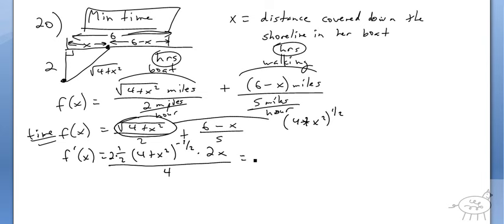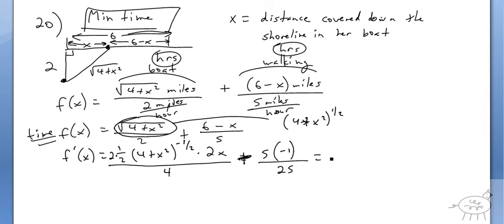Now let me do the derivative of this next guy. Bottom times derivative of the top, so it's going to be plus 5 times negative 1, minus top times derivative of the bottom, all over the bottom squared, so it's 25.